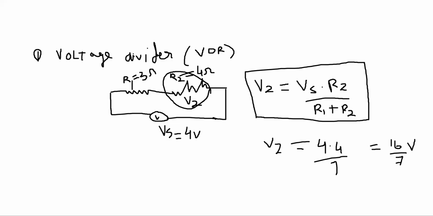So the other one is CDR, the current division rule. I think you have understood this also, in BTech, first and second year students most probably.